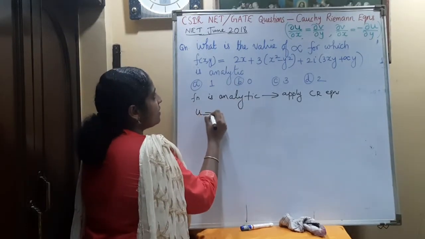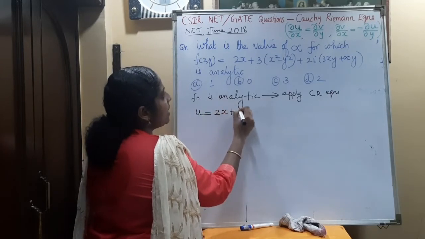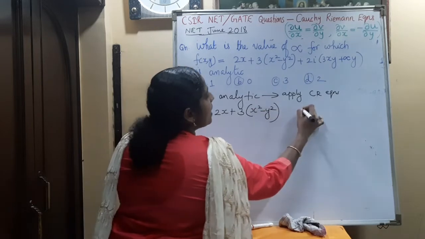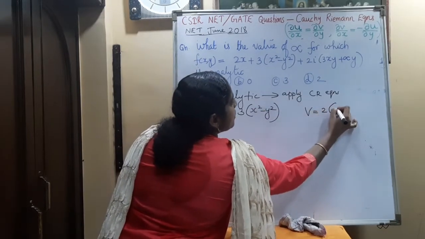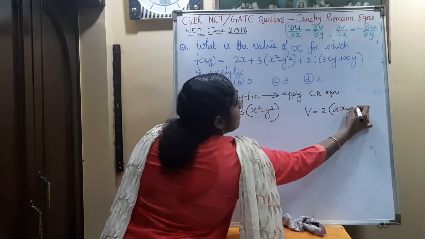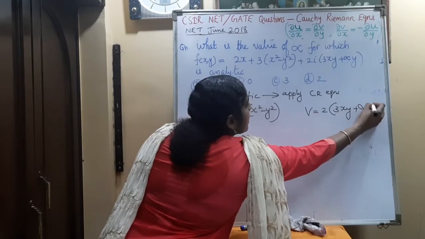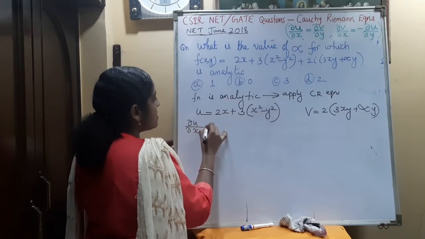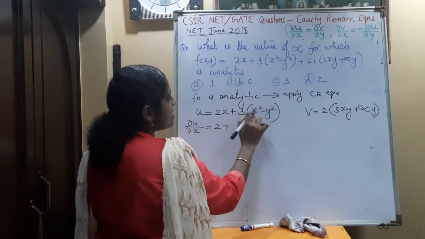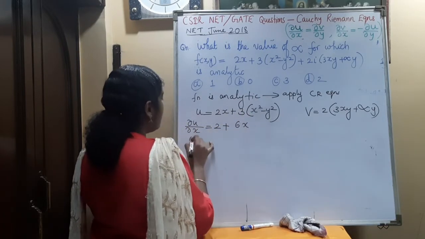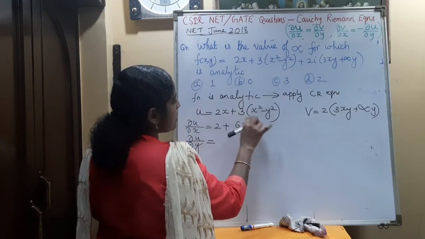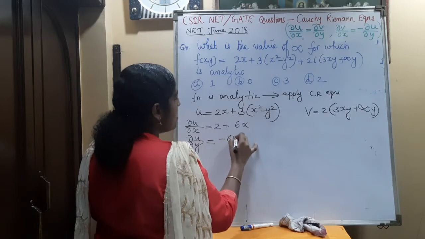First we can write the real part and imaginary part. Here the real part is 2x plus 3 into x square minus y square, and the imaginary part is 2 into 3xy plus alpha y. Here ∂u/∂x is equal to 2 plus 6x, and ∂u/∂y is equal to minus 6y.